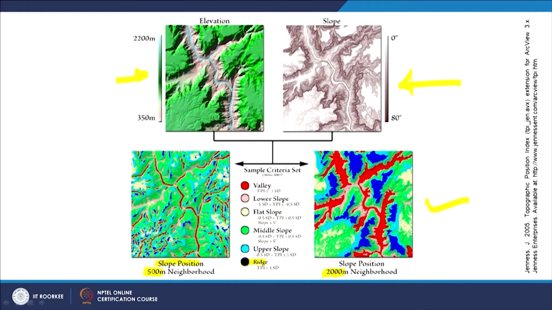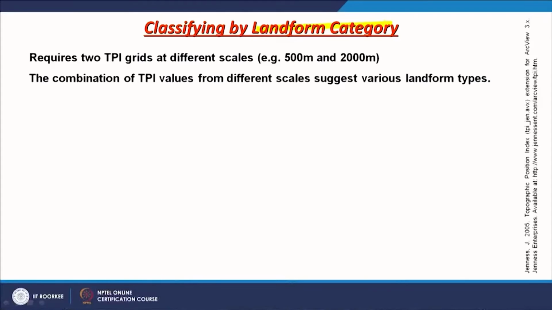Compared to 500 meter spatial resolution, both valley and ridge areas are relatively very small. The terrain is the same, except the resolution has changed, and your identification of different features based on slope classification will also change. Now, you can classify based on the landform categories.